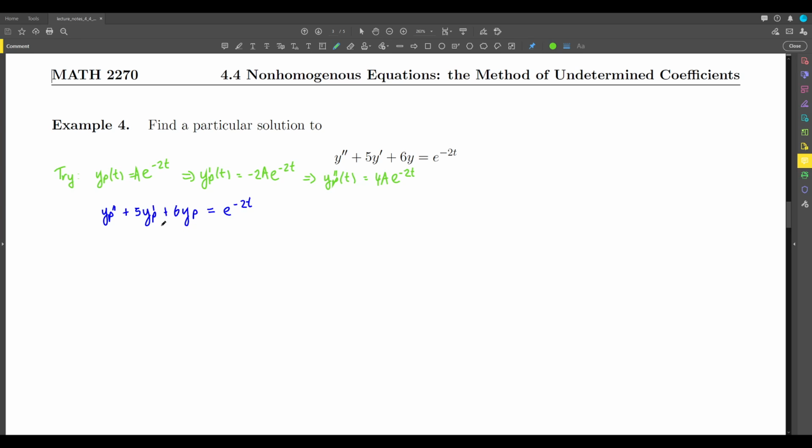Okay, so let's take yp double prime. That is 4a e to the power negative 2t. And then we have plus 5 times yp prime, which is negative 2a e to the power negative 2t.